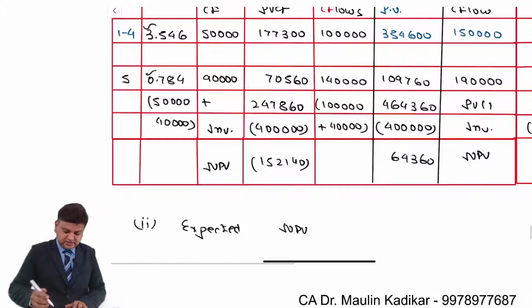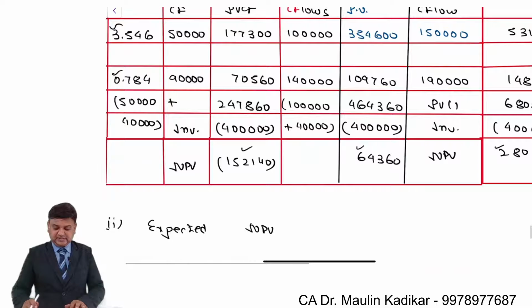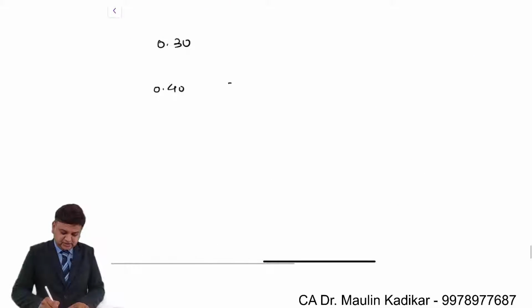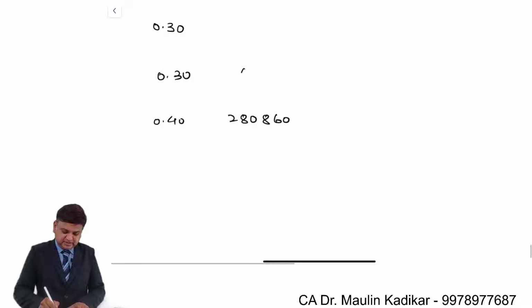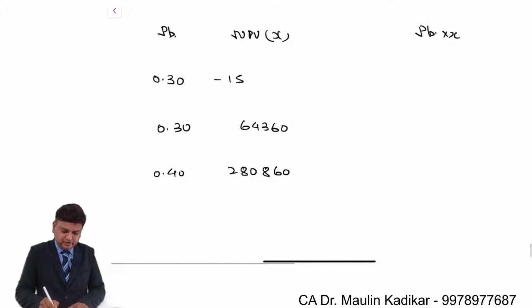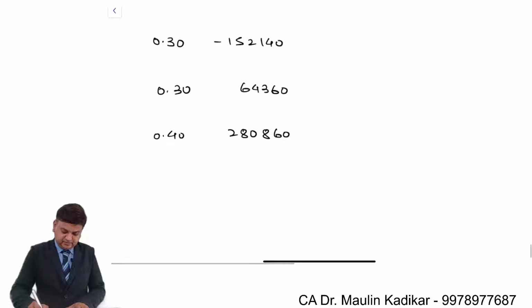NPV in the first scenario is 150,140 negative, 64,360 positive, 280,860 positive. So what you can do, friends, 0.3 into 150,140 comes to 45,642 negative.